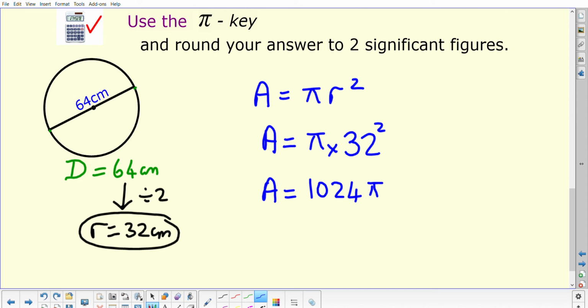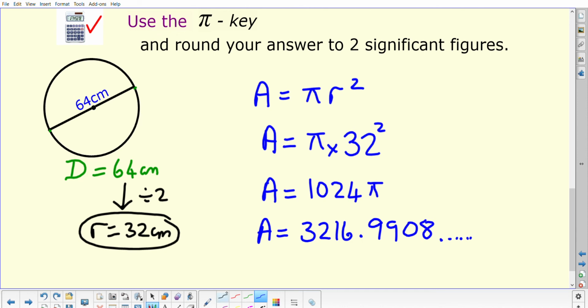However, a lot of the time we are going to be looking at rounding. So if you then press the SD button, you'll get the decimal, which comes up as 3216.9908, whole load of other digits.